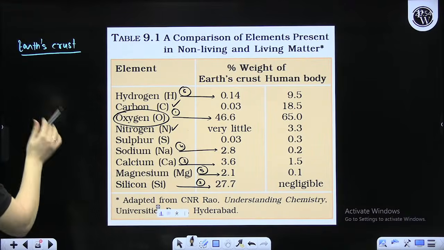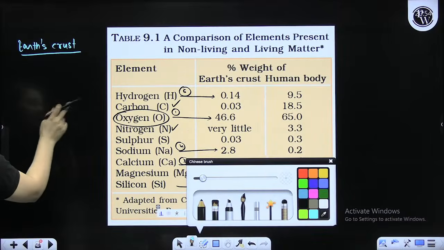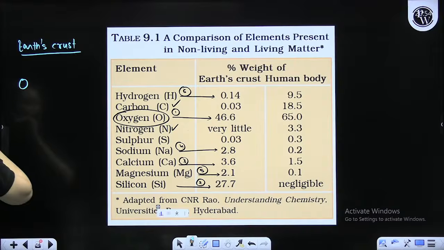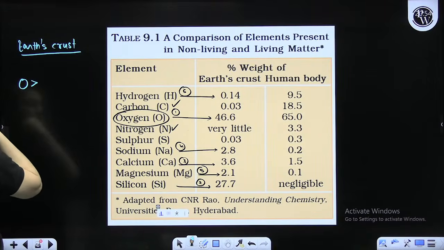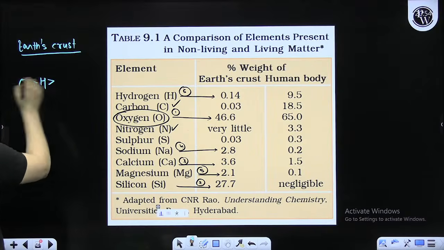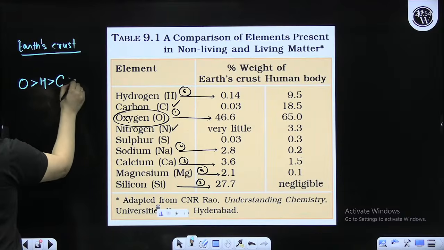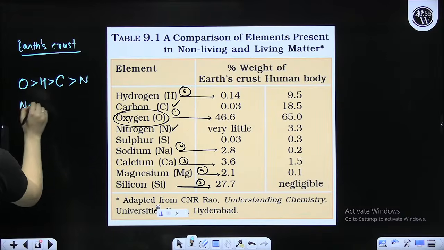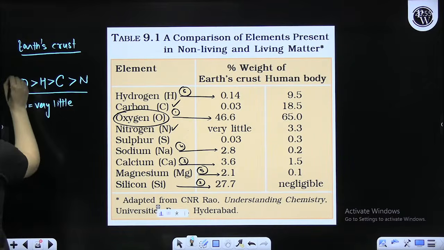So overall, the maximum is oxygen, carbon is also there. After oxygen, what do you have? Hydrogen is there. Then we have carbon and then nitrogen. So N is very little here if I talk about the earth crust.